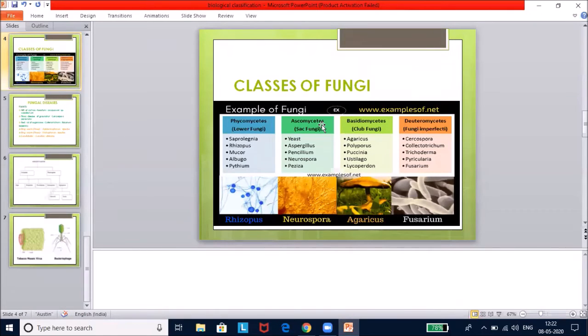Ascomycetes: yeast, Aspergillus, Penicillium, Neurospora, Peziza. Basidiomycetes: Agaricus, Polyporus, Puccinia, Ustilago, Lycoperdon. Deuteromycetes: Cercospora, Colletotrichum, Trichoderma, Pyricularia, Fusarium. This is an important slide, that's why I'm projecting. Please make a note. They will give you these examples and ask you to identify, or give you a set of examples and ask you to identify the incorrect ones, or to which class these belong.